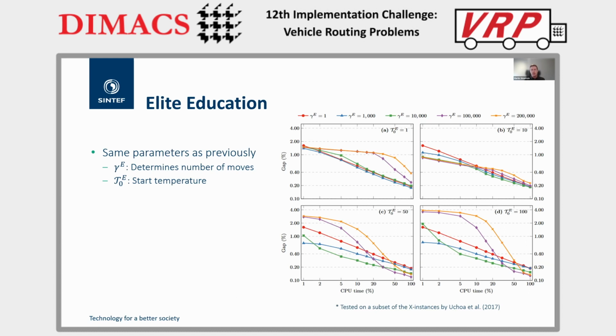So in that case, we have no education at all. And what is interesting is that if you look at the subfigure in the bottom left, all of the ones with elite education end up below the one without. And you also see that some of them, especially the blue line and the green line, lie below all the time.